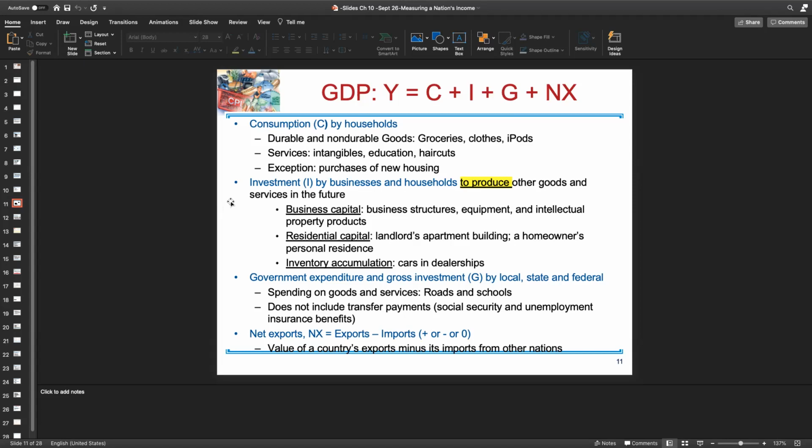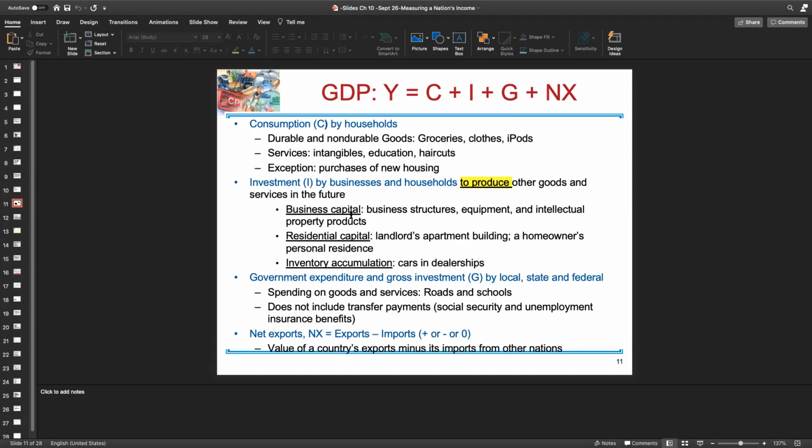What makes investment different from consumption is that investments are transactions where you buy goods and services that produce other goods and services in the future.